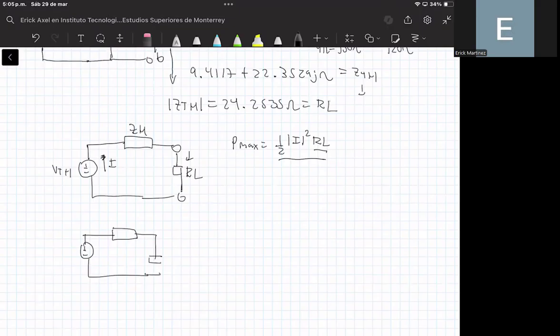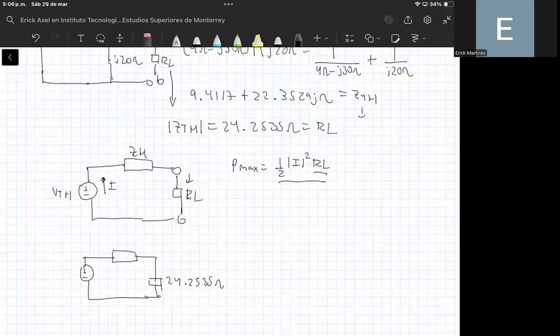Remember that RL is equal to 24.2535 ohms. The value of the Thevenin impedance is 9.4117 plus 22.3529 j ohms.